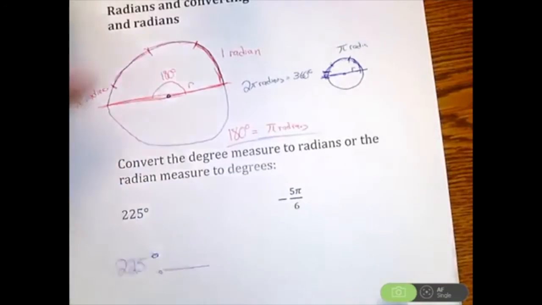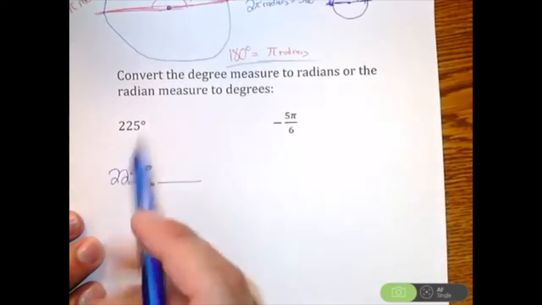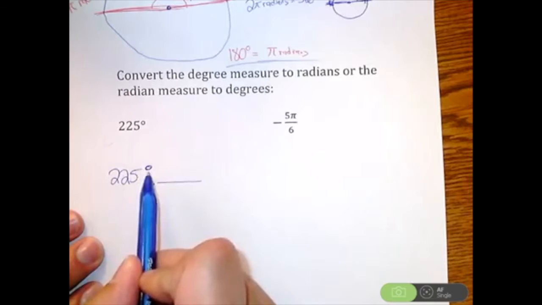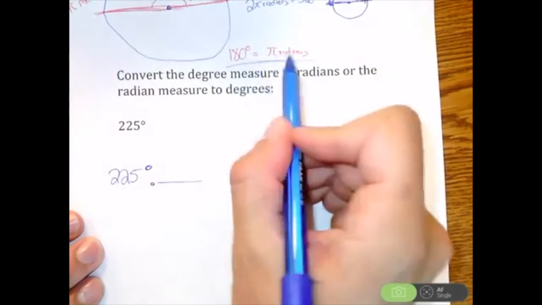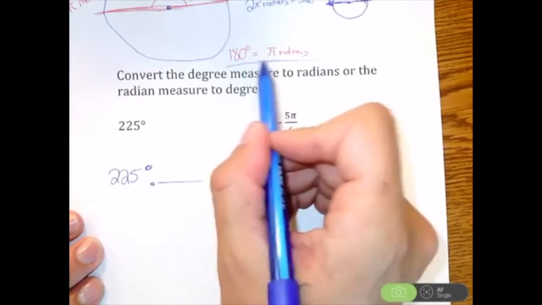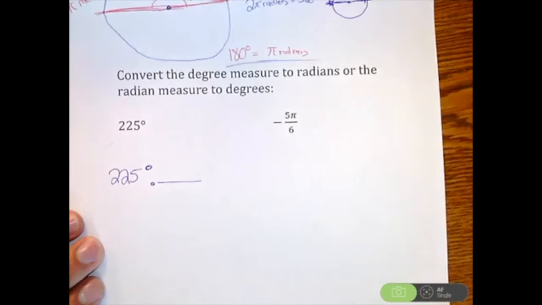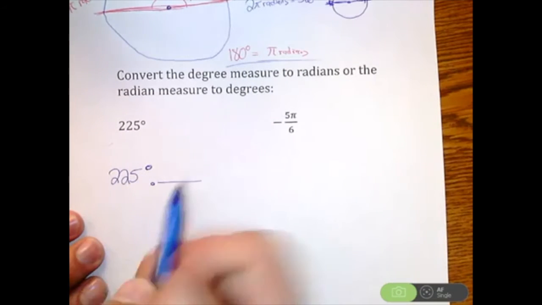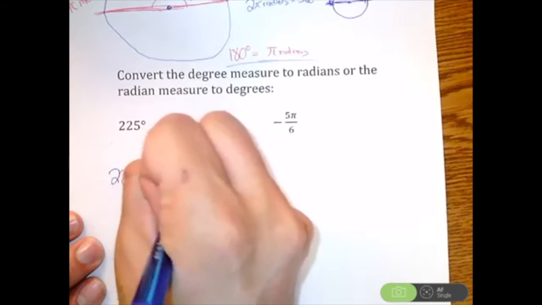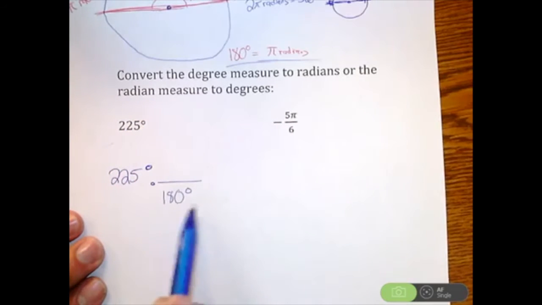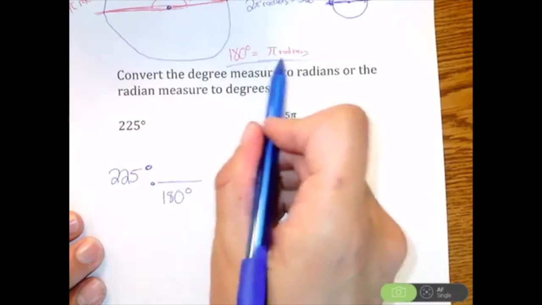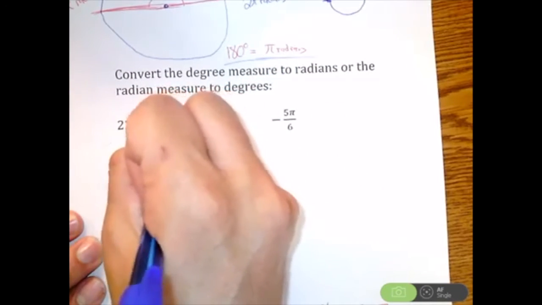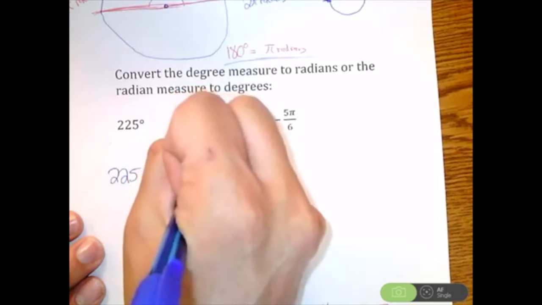So here's how we're going to convert between degrees and radians. I have 225 degrees. What I'm going to do is multiply by a fraction here. I'm going to have 180 degrees on one part of the fraction and pi radians on the other part. Since I want to get rid of degrees, I'm going to put 180 degrees in the denominator. In the numerator, I'm going to put my other piece, which is pi radians.